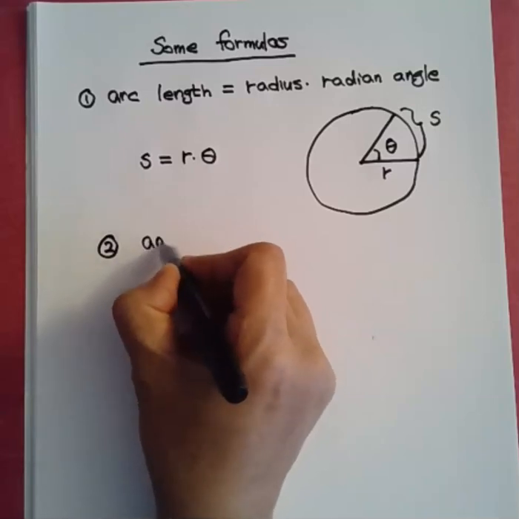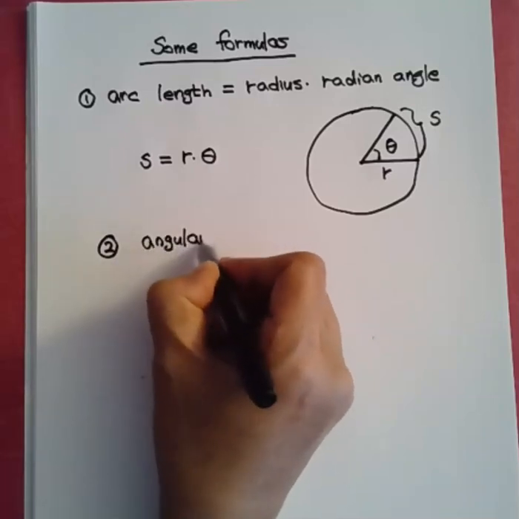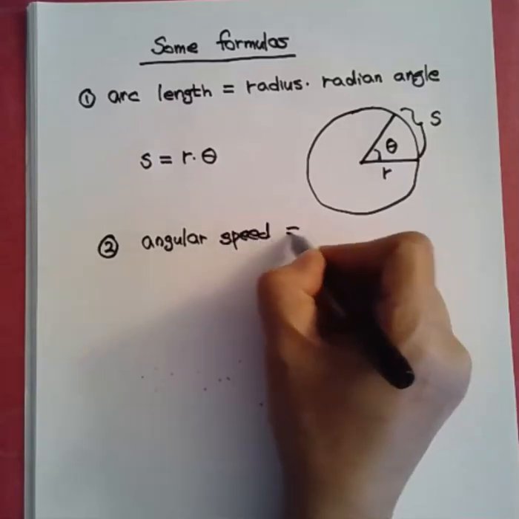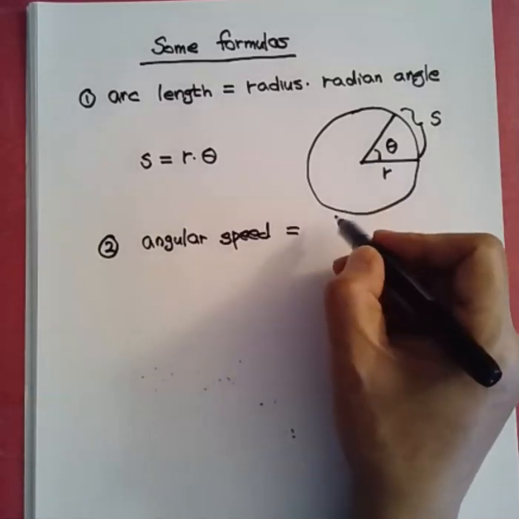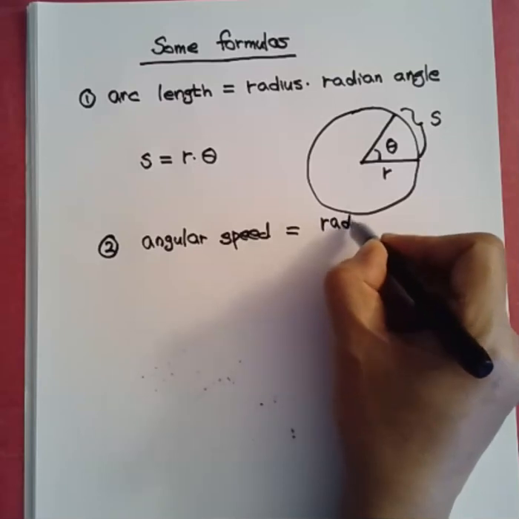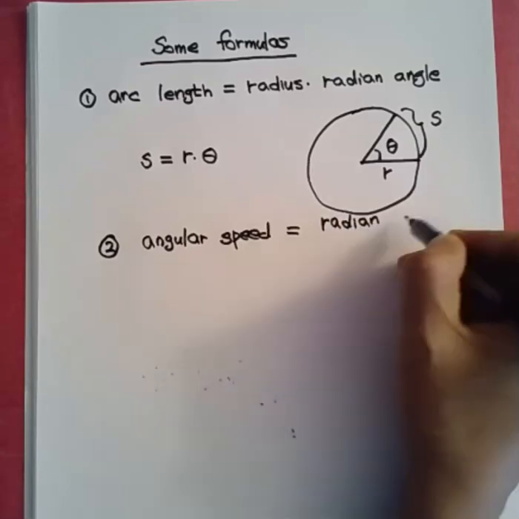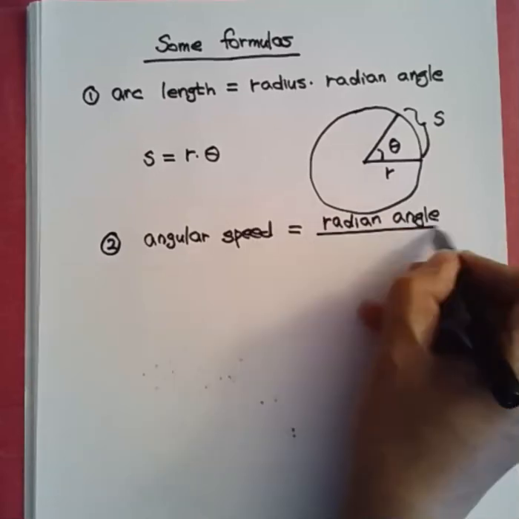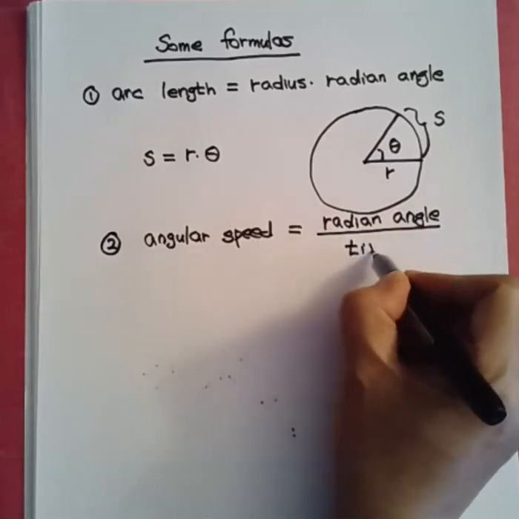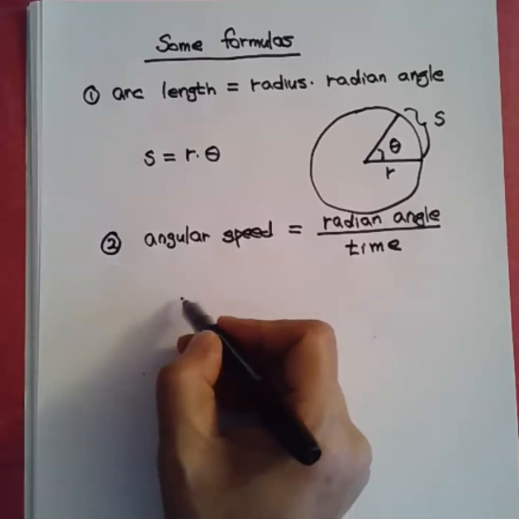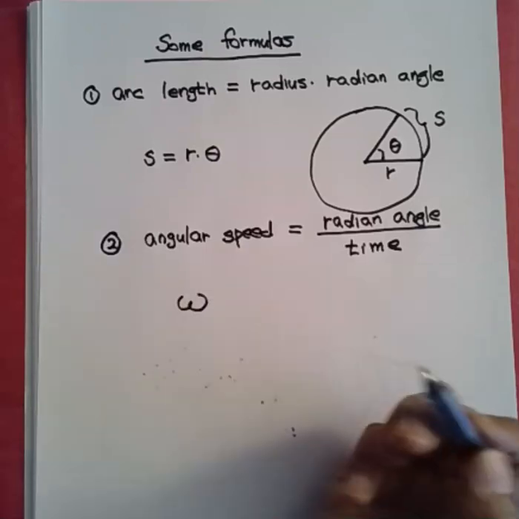Second formula is angular speed. We think about the change in angle in a unit period of time. So radian angle divided by time. When we denote the angular speed, we tend to denote that with a Greek letter.